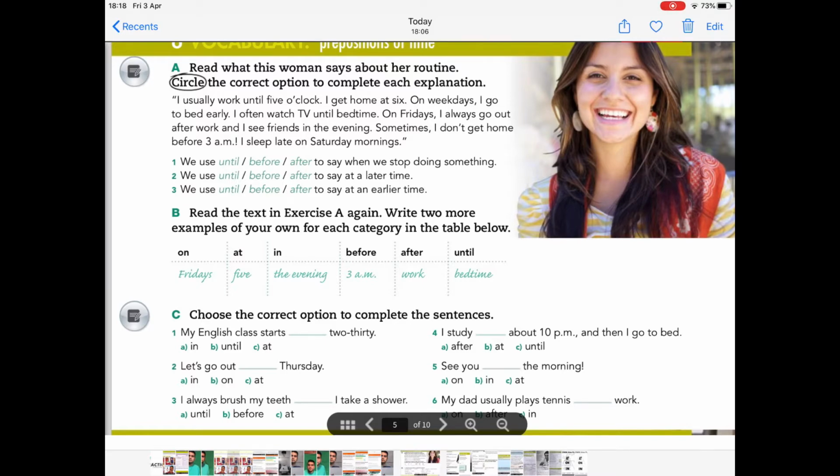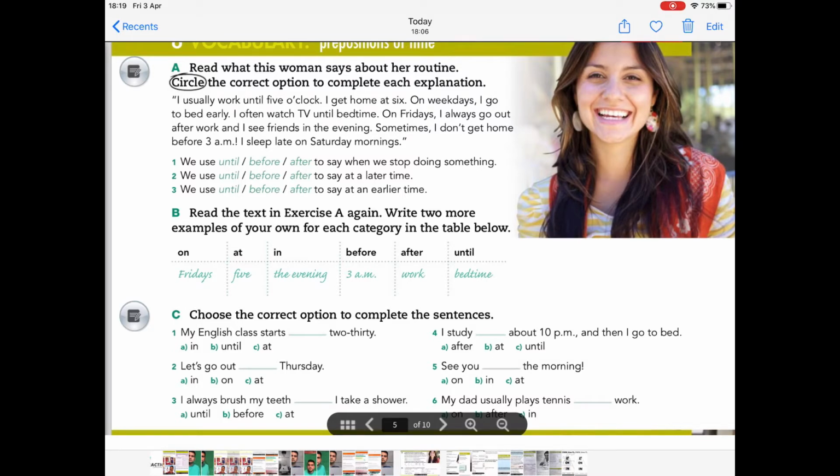I get home at 6. On weekdays, I go to bed early. I often watch TV until bedtime. On Fridays, I always go out after work and I see my friends in the evening. Sometimes I don't get home before 3 a.m. I sleep late on Saturday mornings.